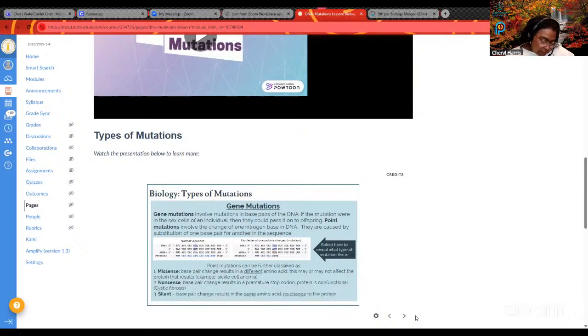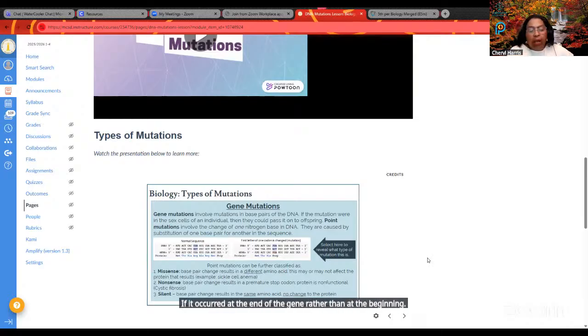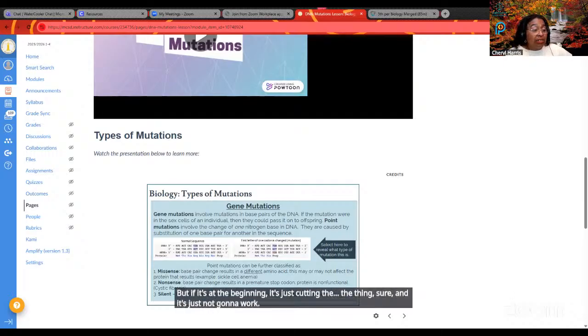All right, the second question says, why would a nonsense mutation be less damaging if it occurred at the end of the gene rather than at the beginning? All right, why do you think? Because if it's at the end, then it doesn't really have any effect because it was going to stop anyways. But if it's at the beginning, it's just cutting the thing short, and it's just not going to work. Excellent answer.